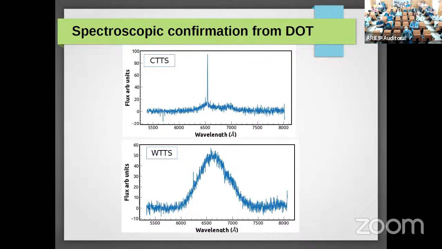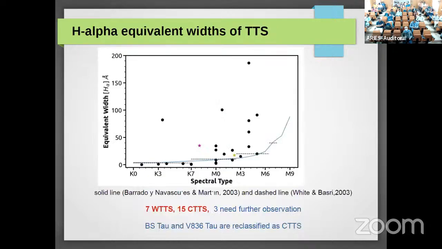There is a relation to distinguish, based on the strength of this line, whether it's a classical or weak-line one. First you calculate the equivalent width of all those stars, and then you plot them in a spectral type versus equivalent width diagram, where the dotted and the blue lines separate the weak-line and classical ones.